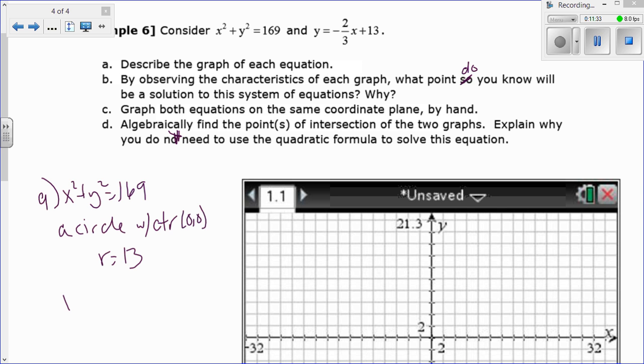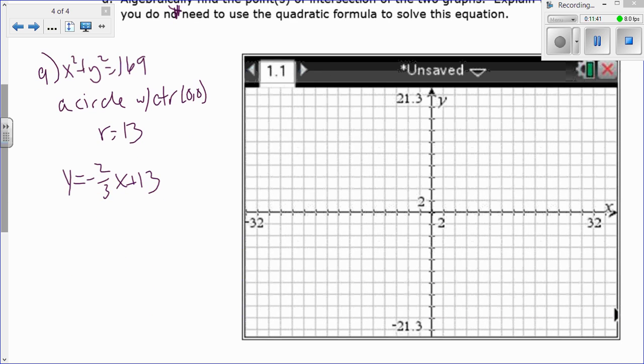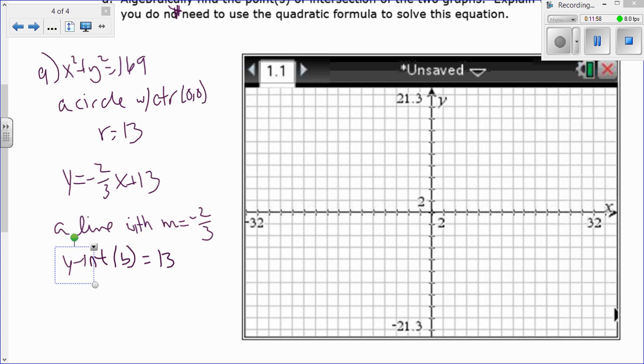And y equals negative 2/3 x plus 13 is a line with slope equaling negative 2/3 and y-intercept where the b value equals 13.